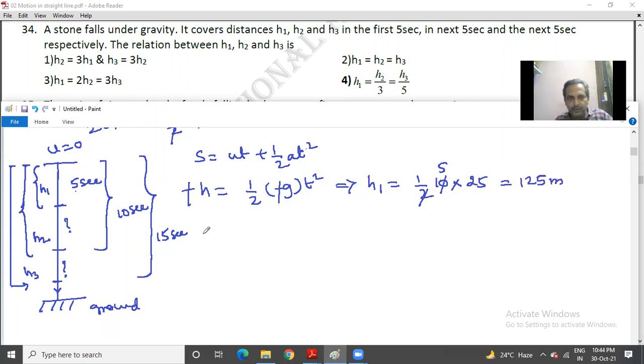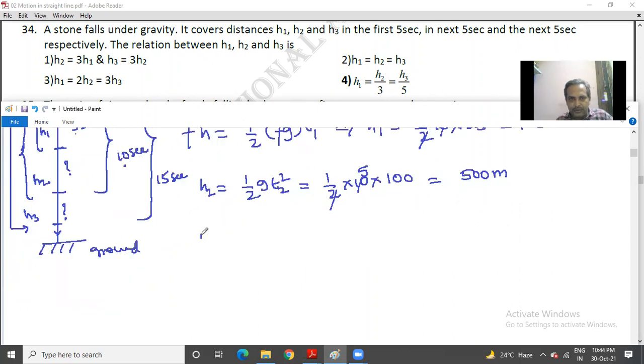Now you try to find out H2. Half gt square, say this is t1 square. Half g is 5, but the total time is 10 seconds. 10 square is 100, so it will be 5 times 100, which is 500 meters. But what we require is H2 dash, though they mentioned to take it as H2, let it be.